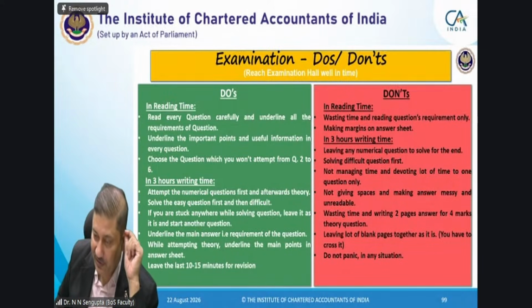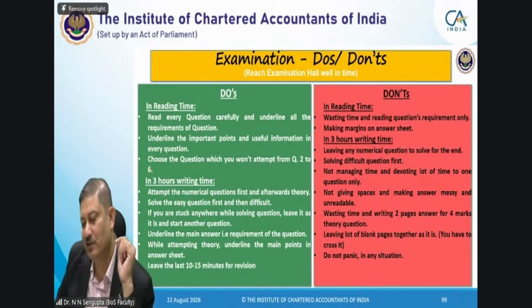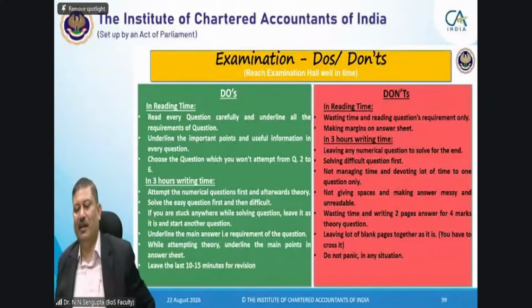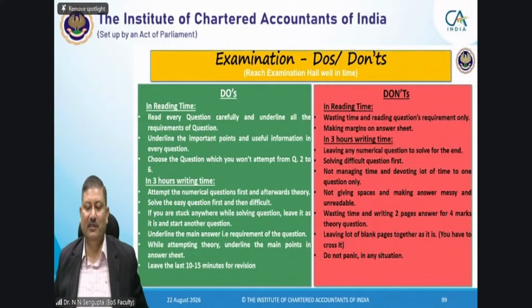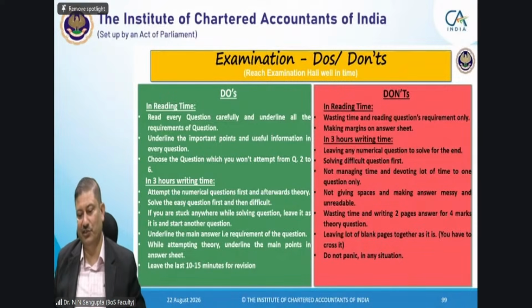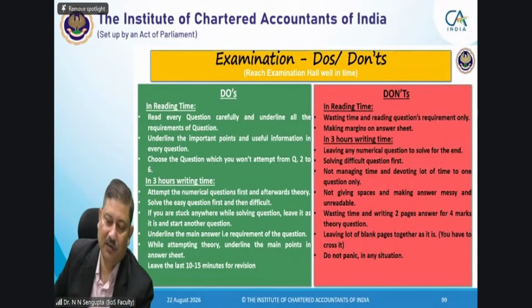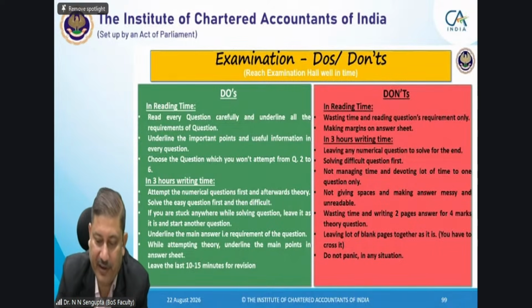Don't waste time reading the question requirement only, making margins on answer sheets, or leaving any numerical question to solve in the end. If 5-10 minutes are remaining, you can still go for a theoretical question, but a numerical question in the last 5-7 minutes will be very difficult.